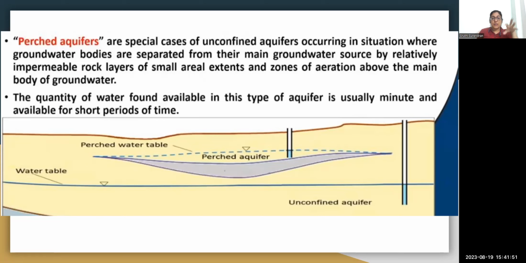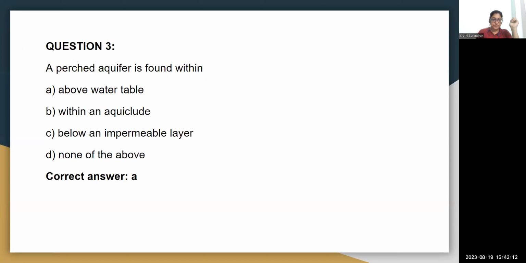This water is often mistaken as an aquifer when tube wells are drilled, but they are not very good sources of water, because the water only stays for a minimal amount of time and only a minimum quantity of water is available in such perched aquifers. So generally they are found above the water table. The correct answer for this question is option A, above water table.